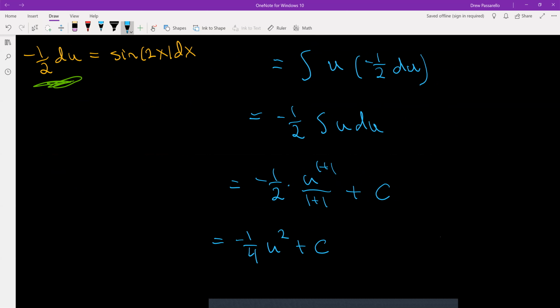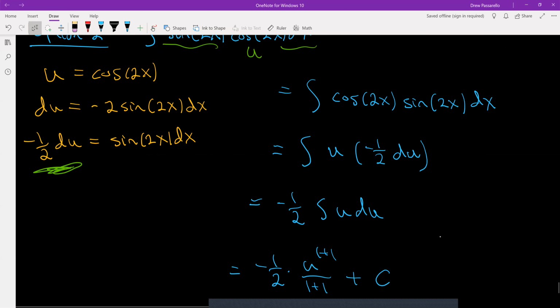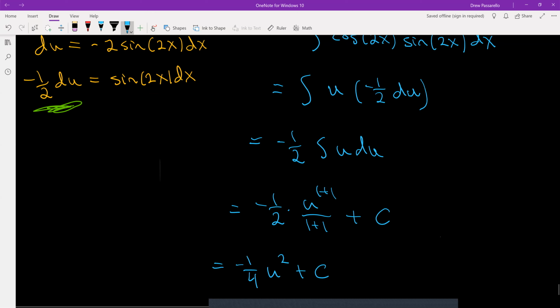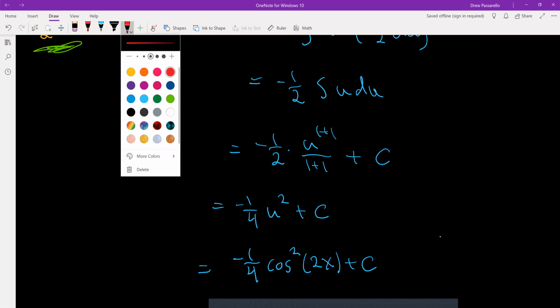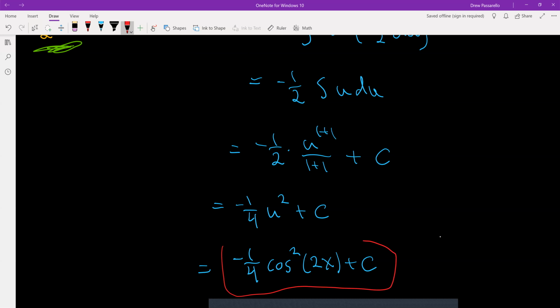But here u is different, right? This time u is cosine of 2x. So this would be -1/4 cosine squared of 2x plus c. So that's another possible answer.